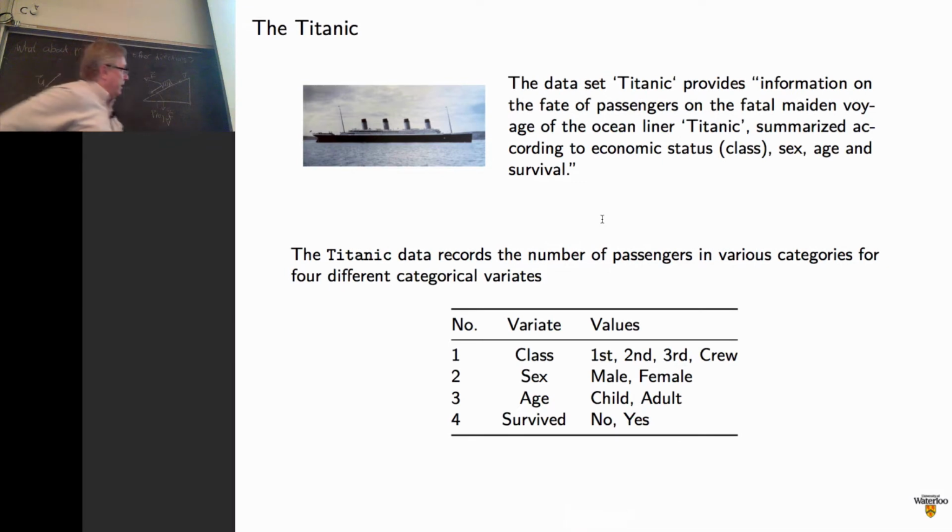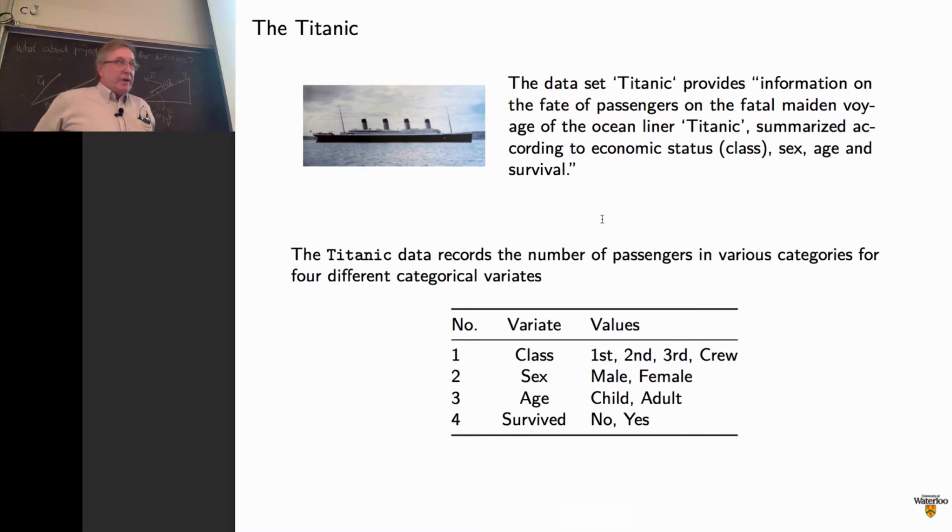So here's a classic data set that's been in existence for a little over 100 years. You all recall the Titanic, which sunk in 1912 off the coast of Newfoundland. We have data here on all of the people that were on board.